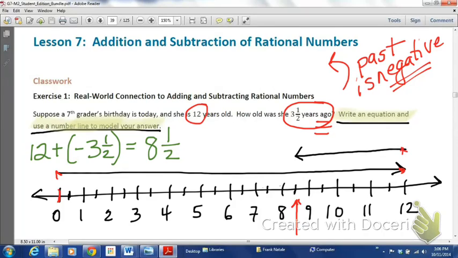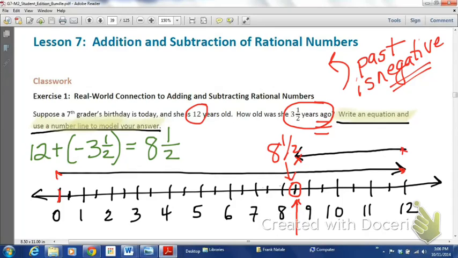And then when we went back, we went to the left, kind of back in time in a sense. 3.5 years, we ended up right here at 8.5 years old. 8.5 was that point right there.